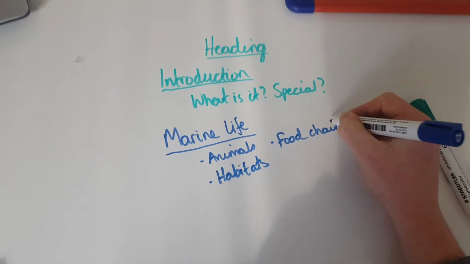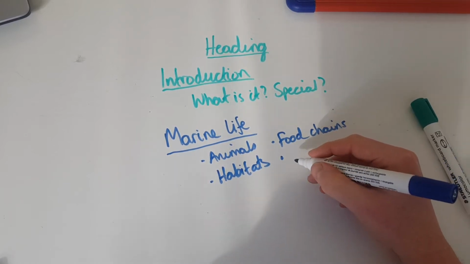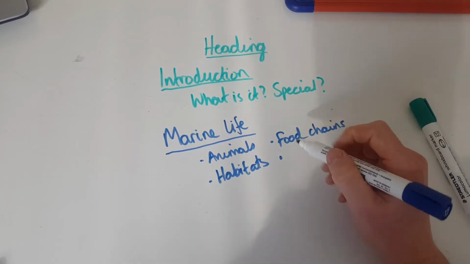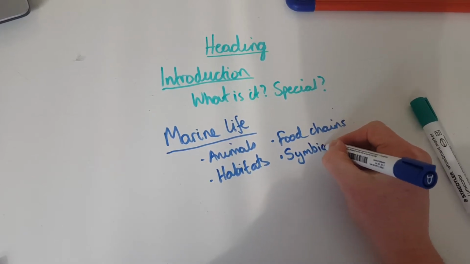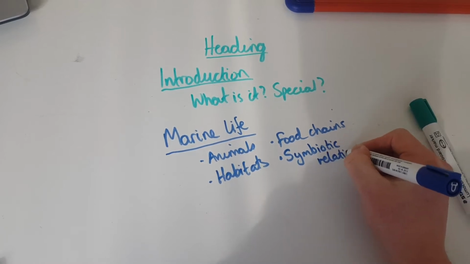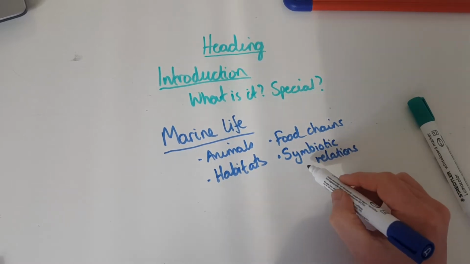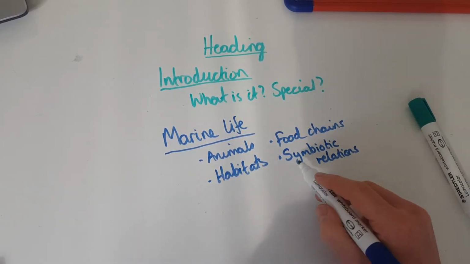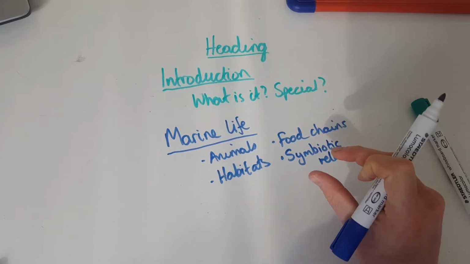Might have to look on how to spell this, because this comes up quite a lot when you look at marine life, especially in the Great Barrier Reef. Something called symbiotic relationships. Now, you would sound like such a scientist if you use this inside your non-chron. Symbiotic means two things that are living side by side and helping each other out.